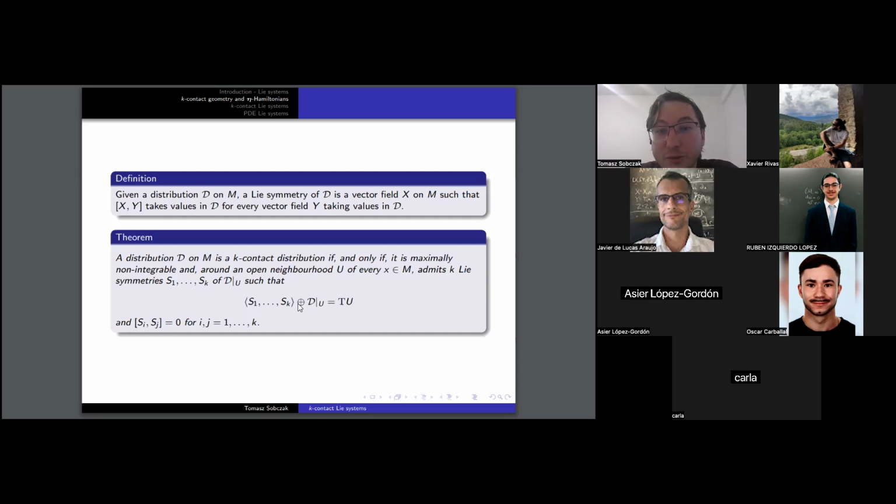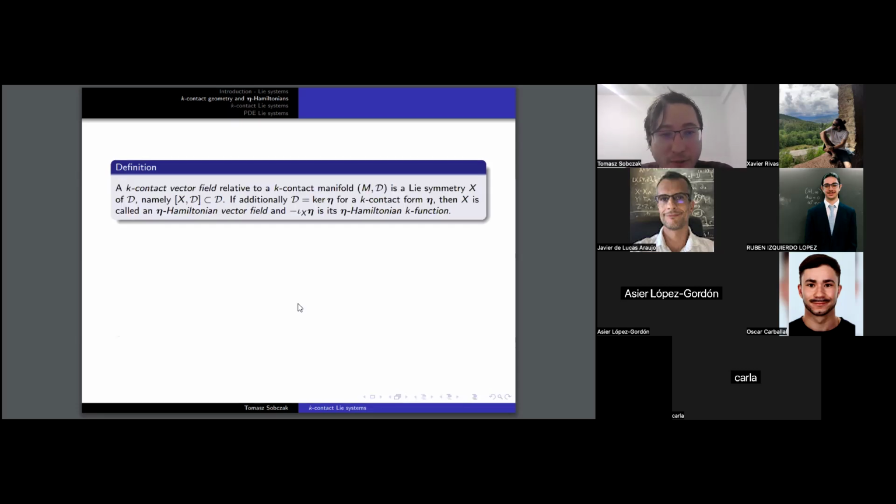So this was the preliminaries, I believe. The thing that will also be important is that we want to impose some dynamics, because now we have prepared how to impose the k-contact distribution and k-contact form, and now we want to impose some dynamics related to this structure.